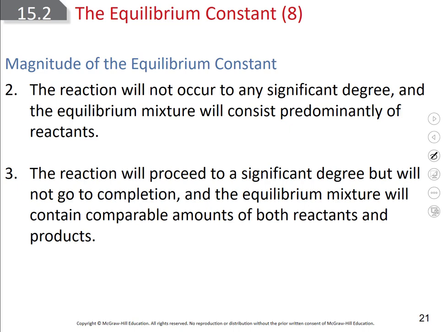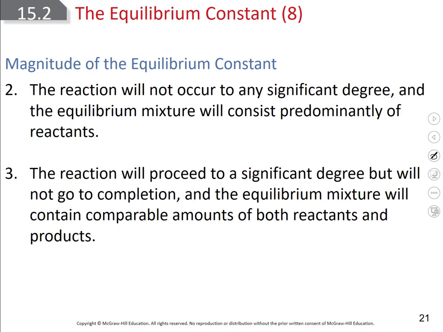And then the third possibility is that you go forward to a certain degree, but not all the way, to the point where at equilibrium you have comparable, not exactly equal, but at least the same order of magnitude, amounts of both reactants and products.